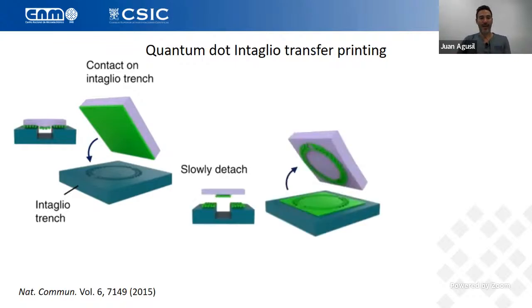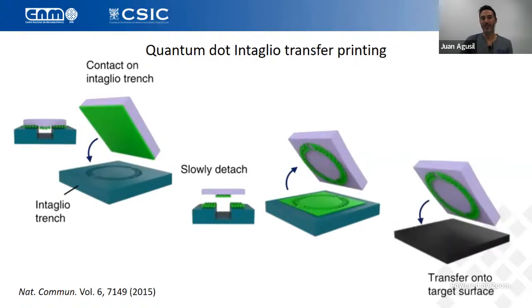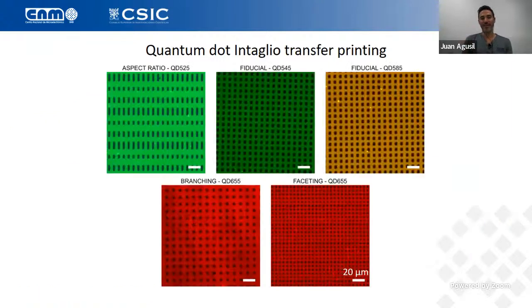When you have a stamp that is loaded with quantum dots, and then you press it against this trench, only the design that is left on top of the trench will remain, and then you can transfer that design onto your substrate. So this is, let's call it, the other side of the coin of the microcontact printing of quantum dots.